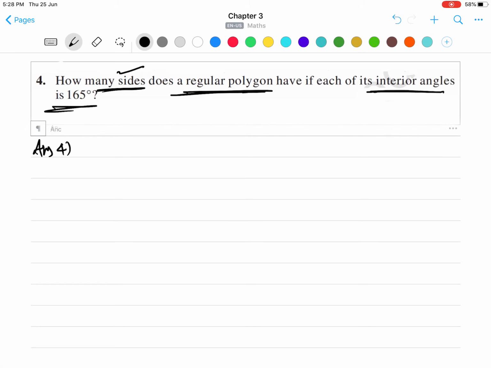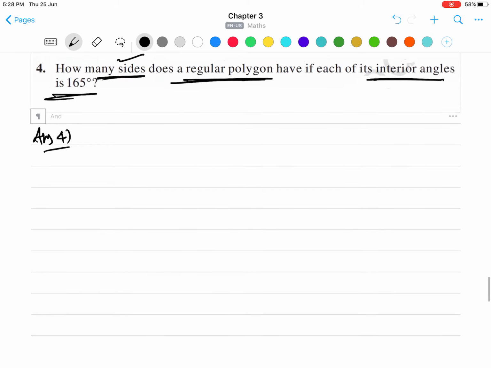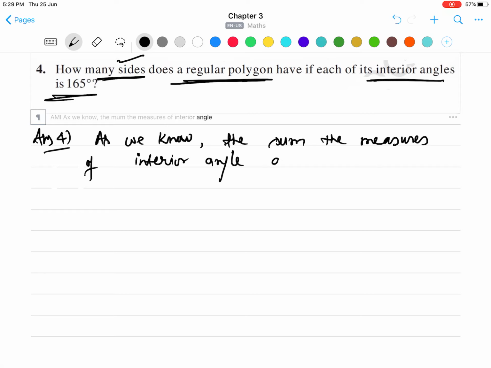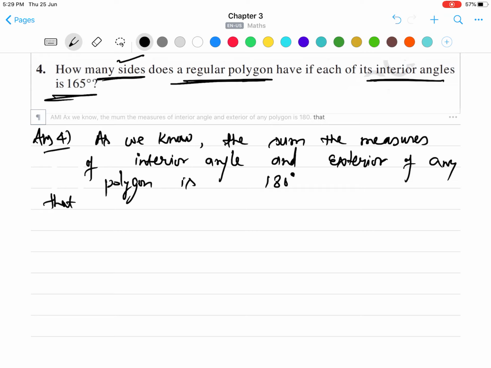Okay, so write answer number 4. This time we'll write, as we know, the sum of the measures of the interior angle and exterior angle of any polygon is 180 degrees.